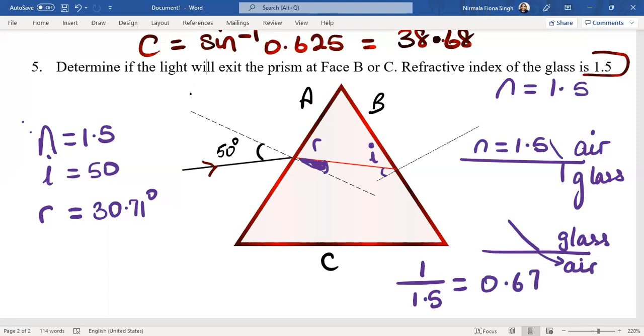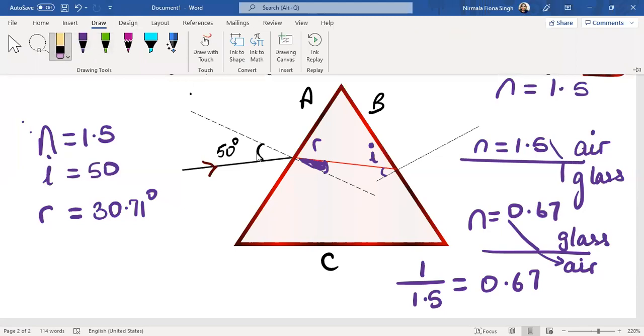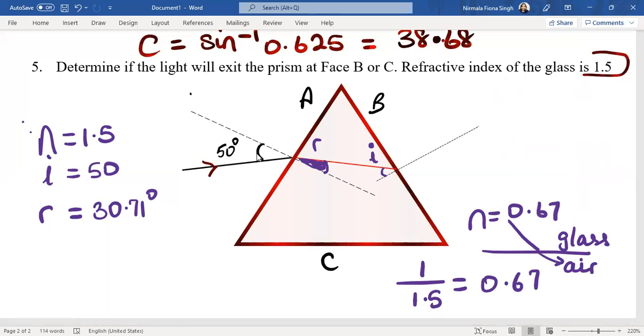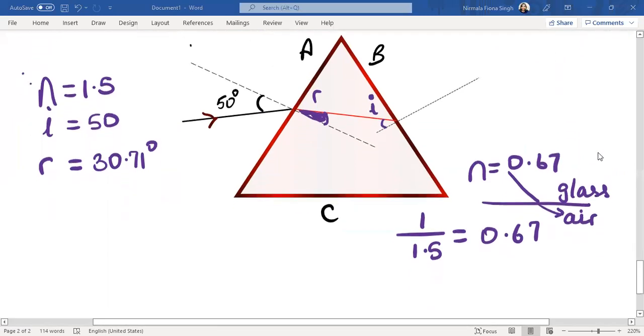So when you're moving from glass to air, your refractive index will be 0.67. Everybody okay with that? Okay, good. I see one reaction.